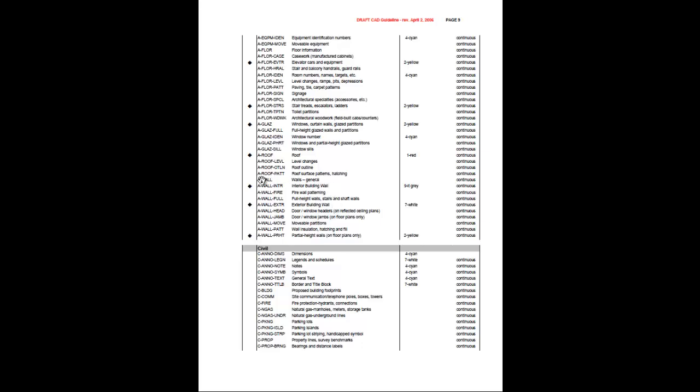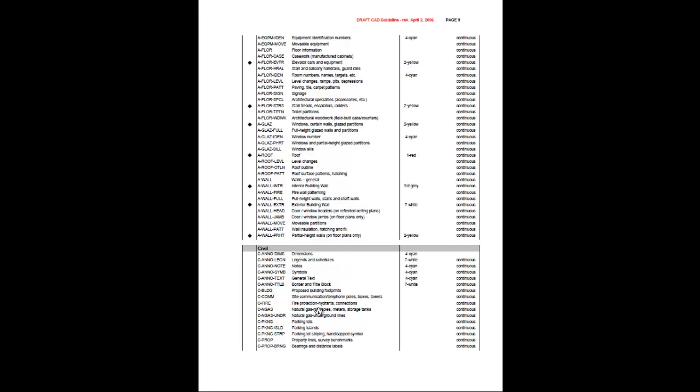So all of these things, there is an A wall general. So you can take this level structure and make it as big or as small as you want, but it should match this standardization. Everybody in the industry, no matter what software you're using, is trying to maintain this.